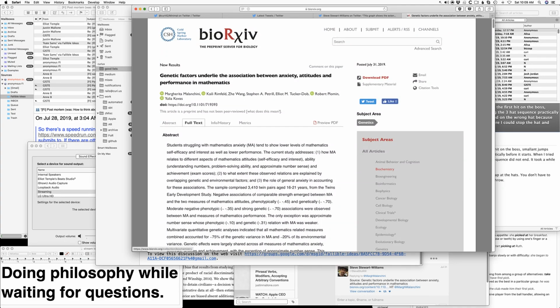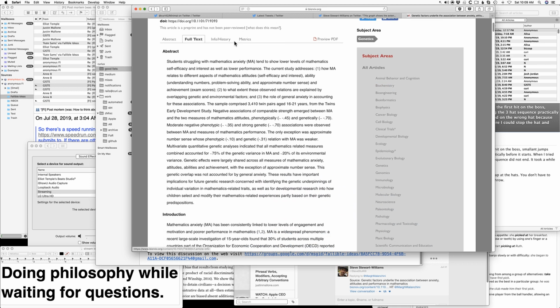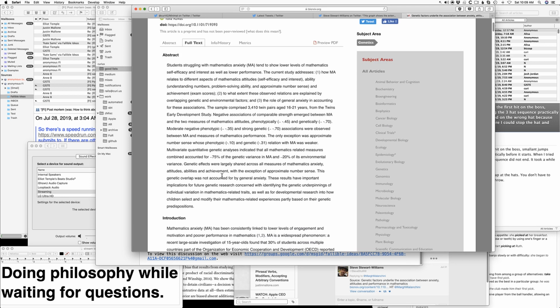This is pretty long. Anyway, I have to read the whole abstract and maybe the introduction before I can skip ahead and check details, so that I have the big picture that stuff is supposed to fit into. Okay, so ability involves understanding numbers, problem-solving ability, and approximate number sense.